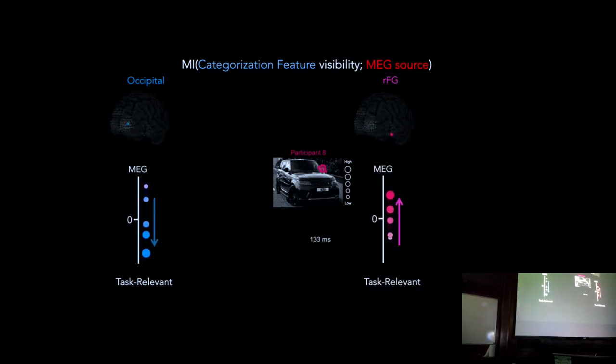In the right fusiform gyrus, we have the same behavior. So the right fusiform gyrus source also represents the spread of visibility with a spread of activity at about 150 to some milliseconds. All right.